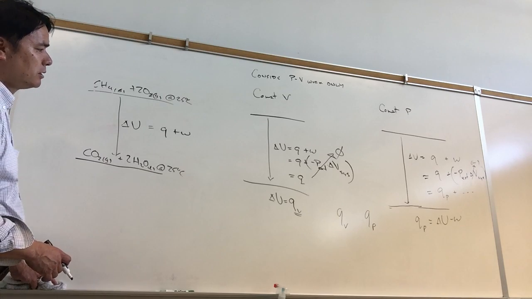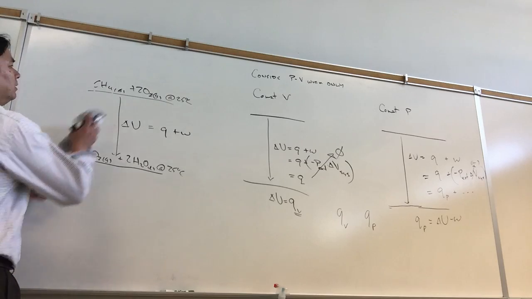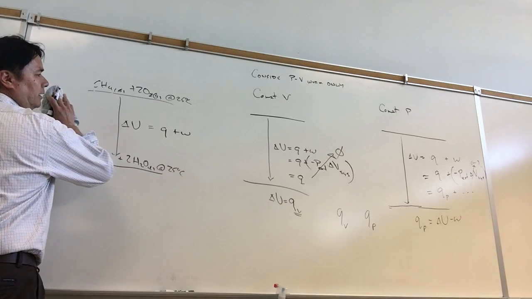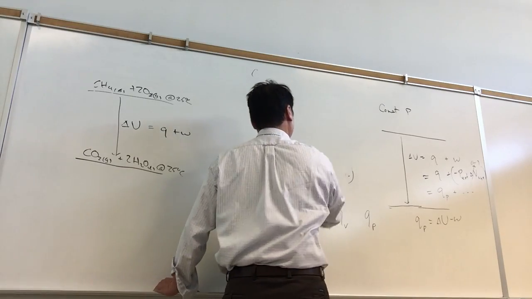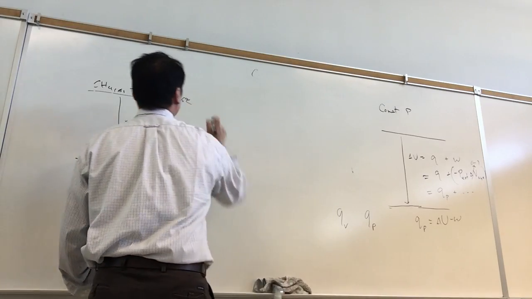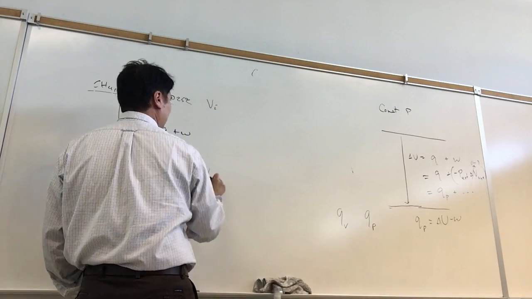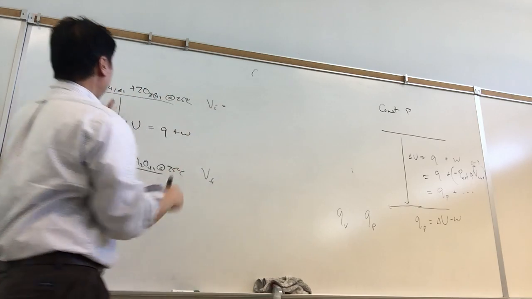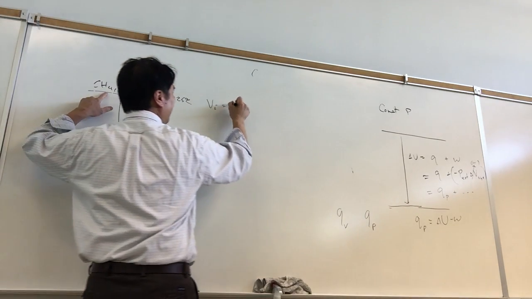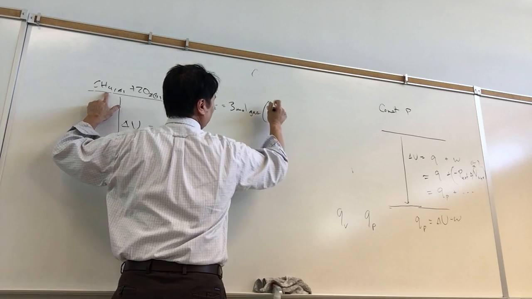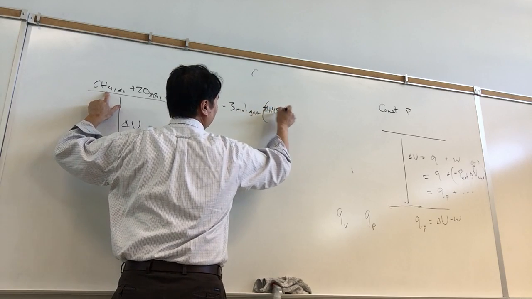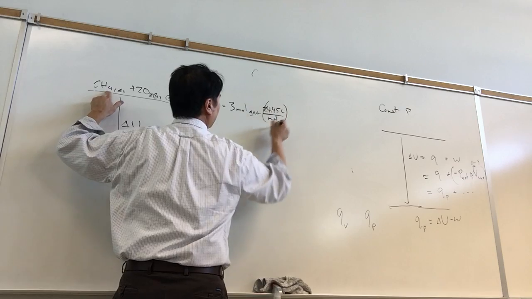At least let's figure out what work is. All right, calculating the work, let me erase this one here. We need to figure out what V initial is and what V final is. V initial is we have 3 moles of gas, and it's 24.45 liters per mole gas.